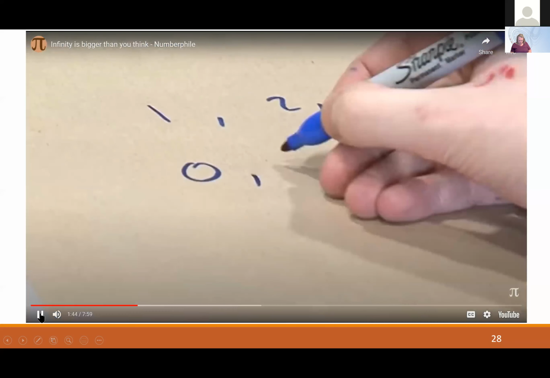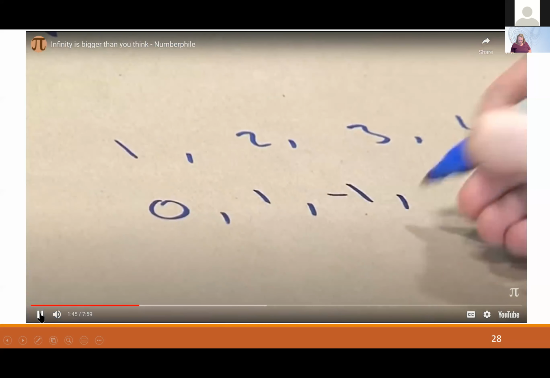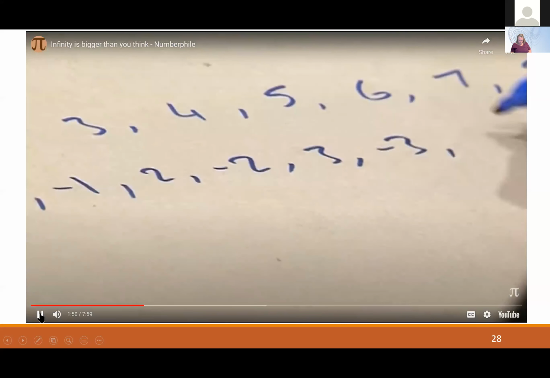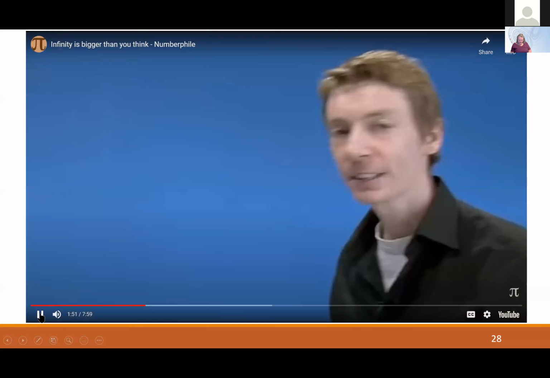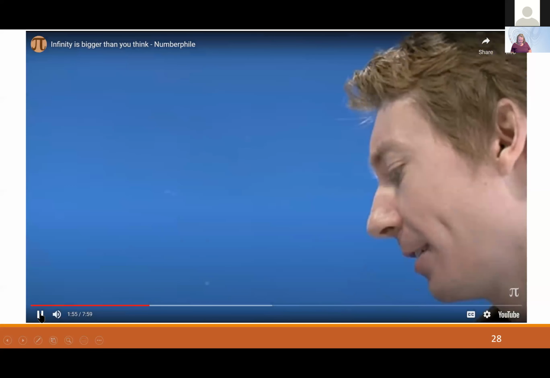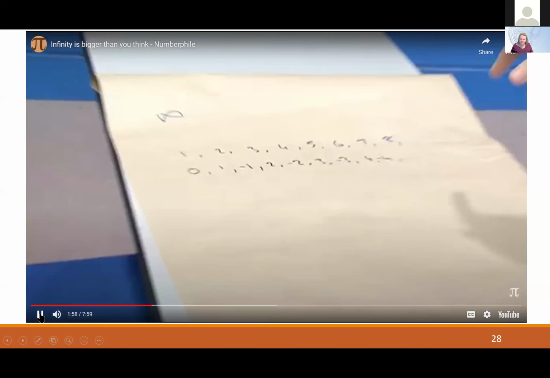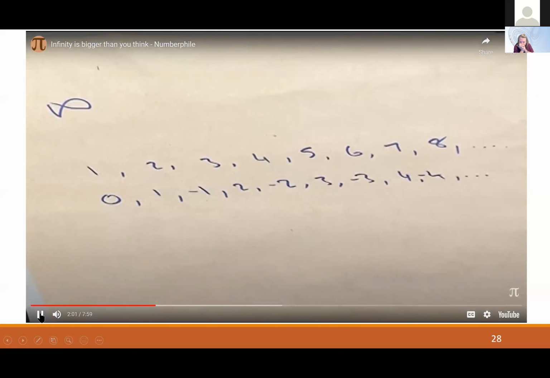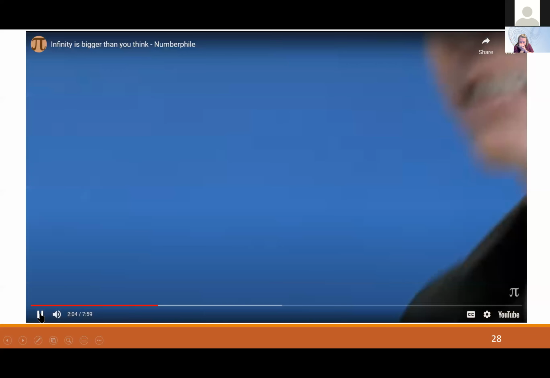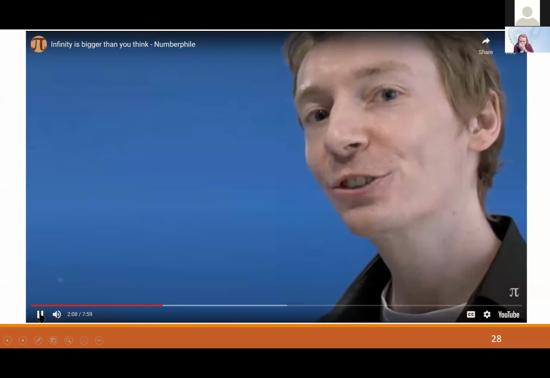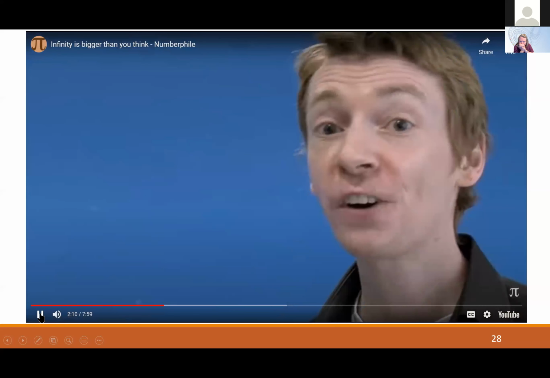But there's 1 and -1. There's 2 and -2. There's 3 and -3. Now that is an infinity as well. And in some sense, it's twice as big because there seems to be twice as many numbers. But it is infinity as well. They're both infinity, and they're both the same type of infinity. They both can be listed. Perhaps more surprisingly, the fractions can be listed as well.